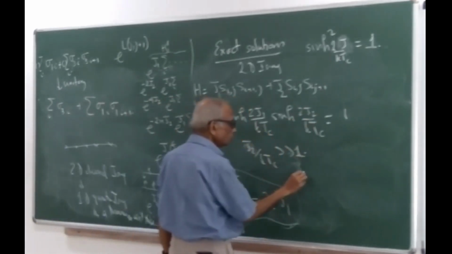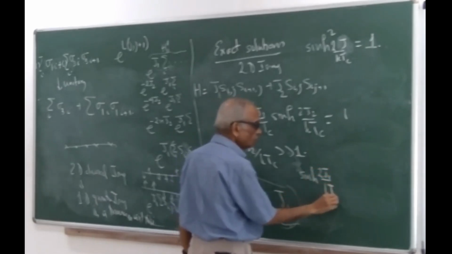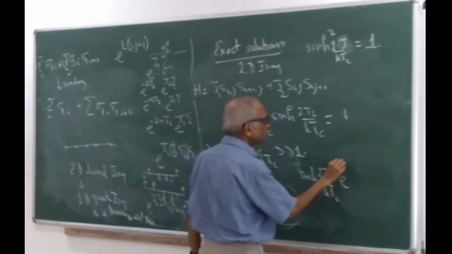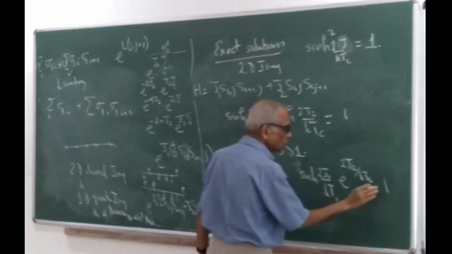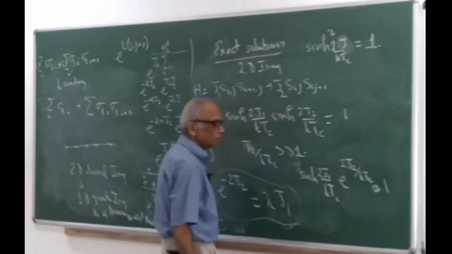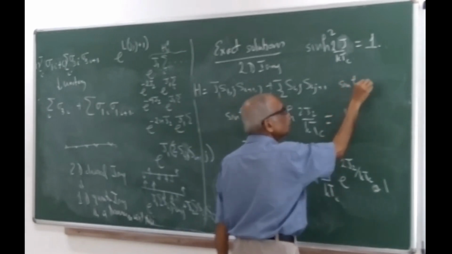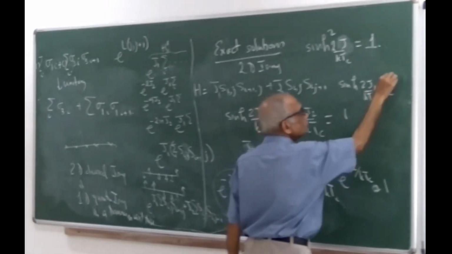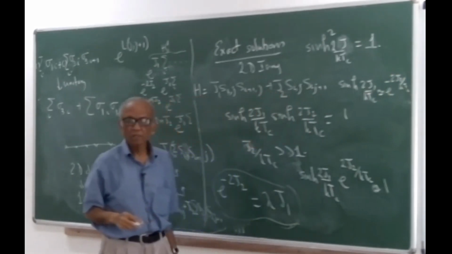So it's going to become sinh 2J1 over KTC times e to the power 2J2 over KTC is equal to 1. So sinh 2J1 over KTC is very nearly e to the power minus 2J2 over KTC, right?